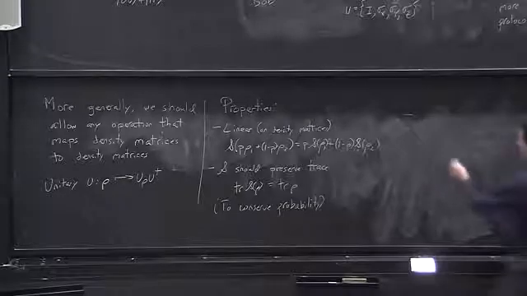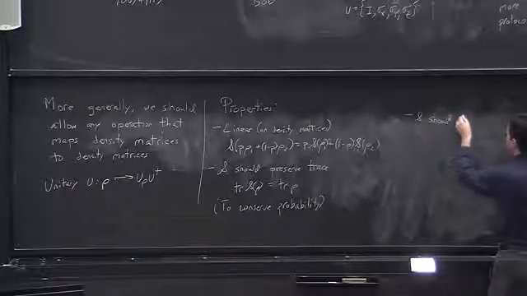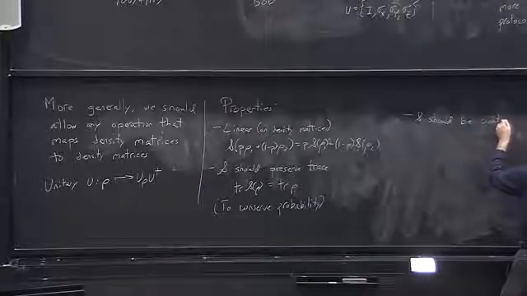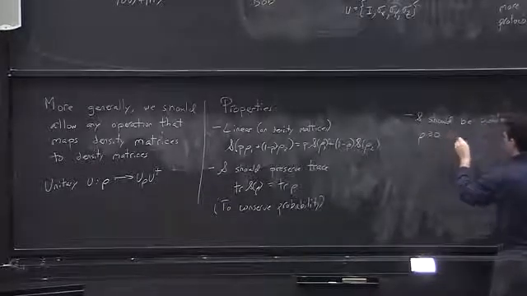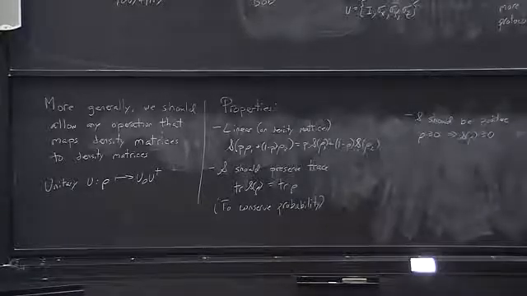So that's not allowed. So S should be positive, which means that if rho is greater than or equal to 0, then S of rho is greater than or equal to 0. OK?